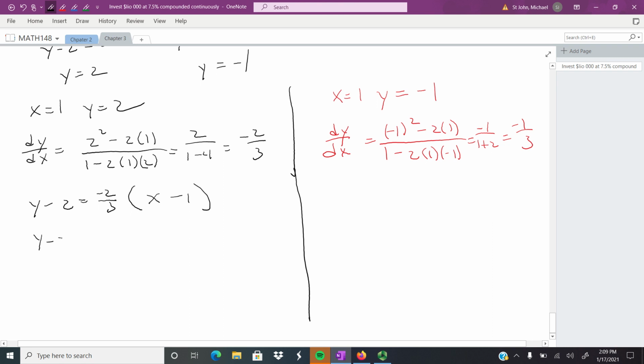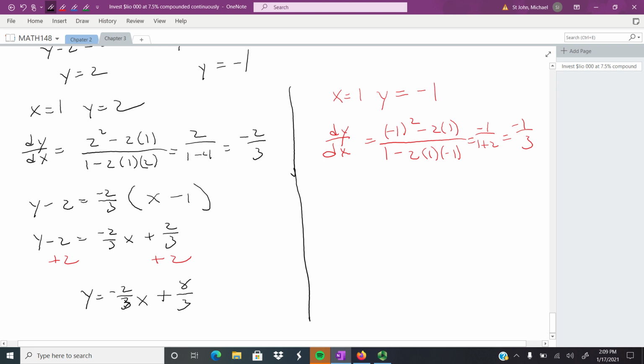So y minus 2 equals negative 2/3 x plus 2/3. Bring the 2 over. And we end up with y equals negative 2/3 x plus 8/3.